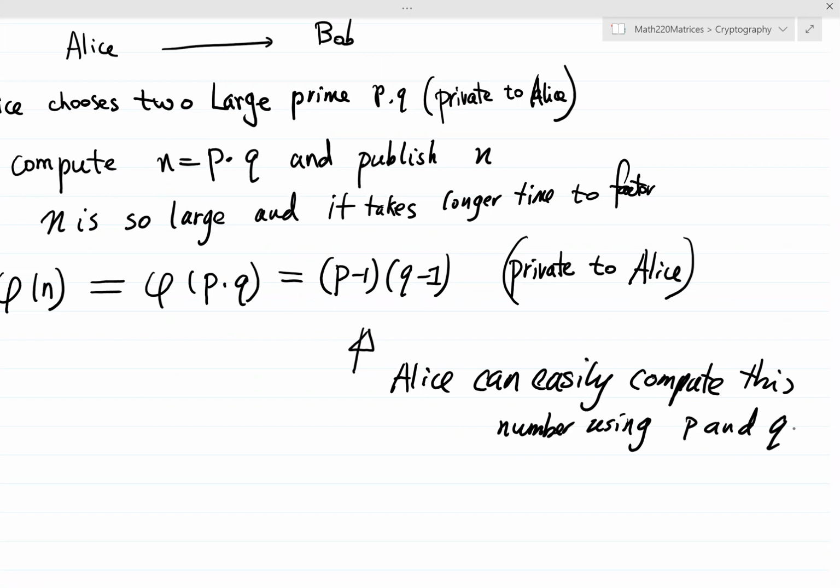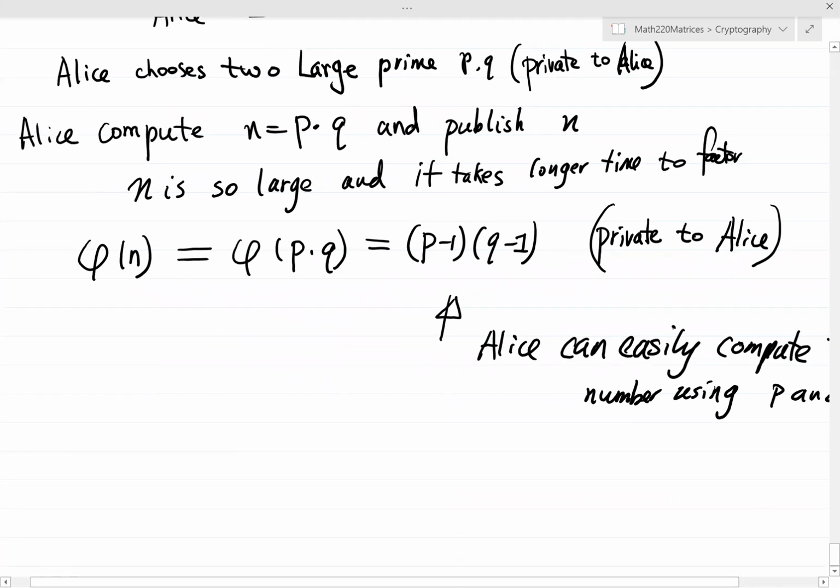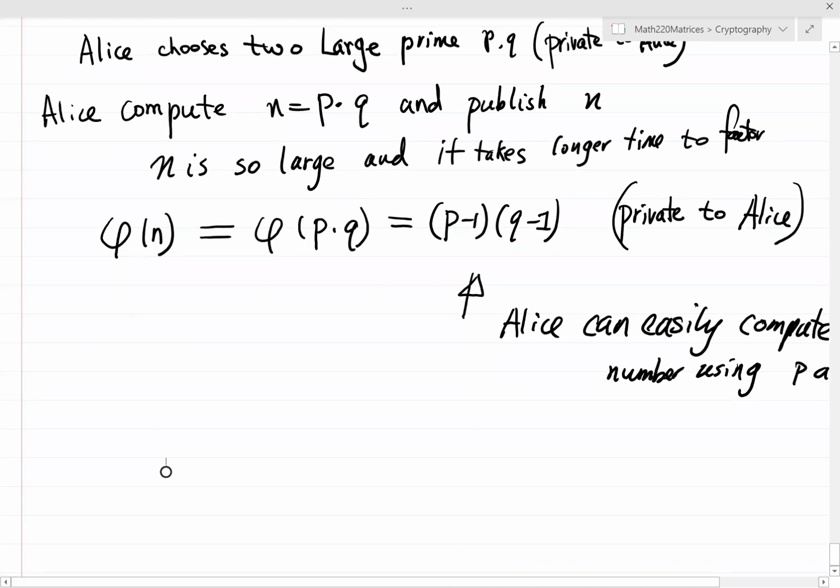So Alice can easily compute, but other people cannot. If you try to compute phi n directly from the public number n, that is impossible because it takes too long to count.